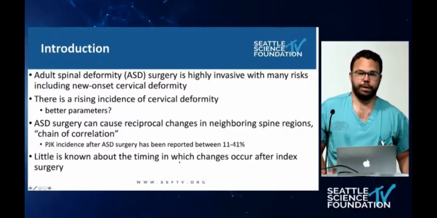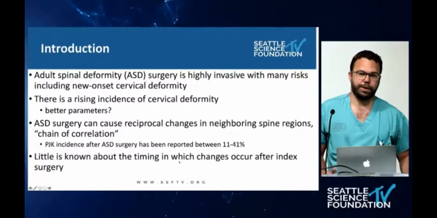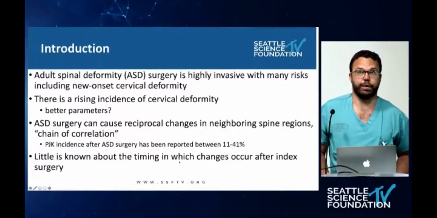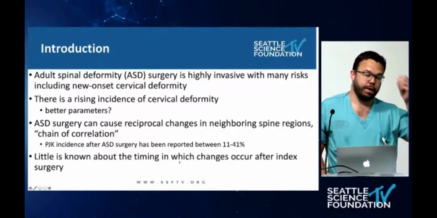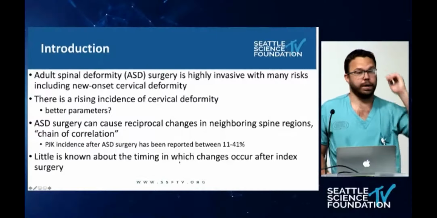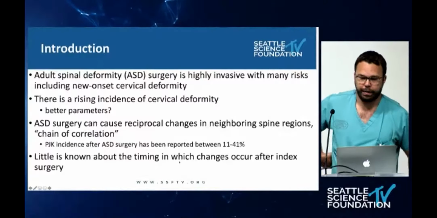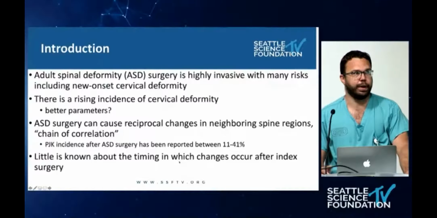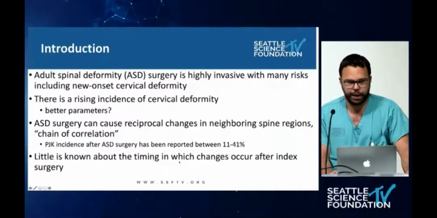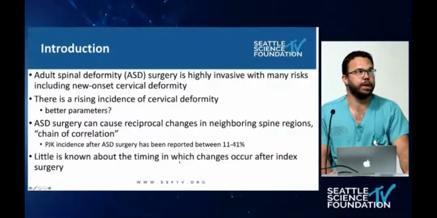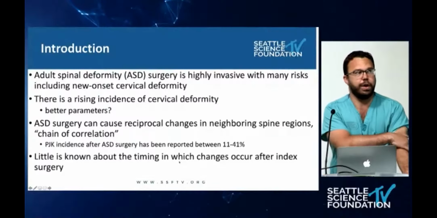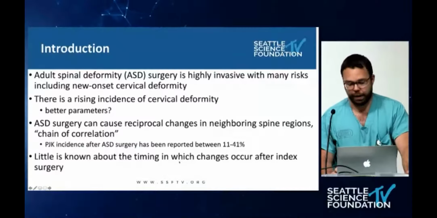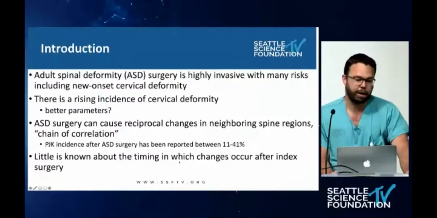You do something in the thoracolumbar spine, you'll also have some sort of reciprocal compensatory change in the cervical spine. PJK incidence in spinal deformity surgery is widely varied, but it's been reported mostly between 11 to 41%, with some studies going up to 50 to 60%. And little is known about the timing in which these reciprocal changes occur after the index thoracolumbar correction.